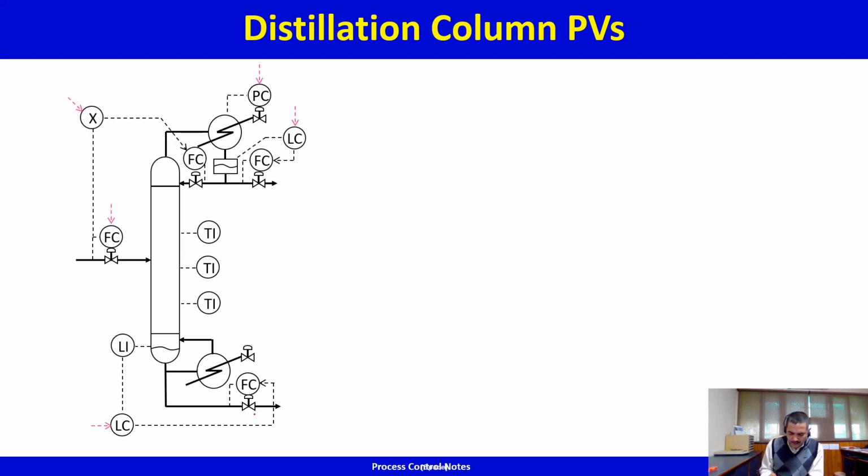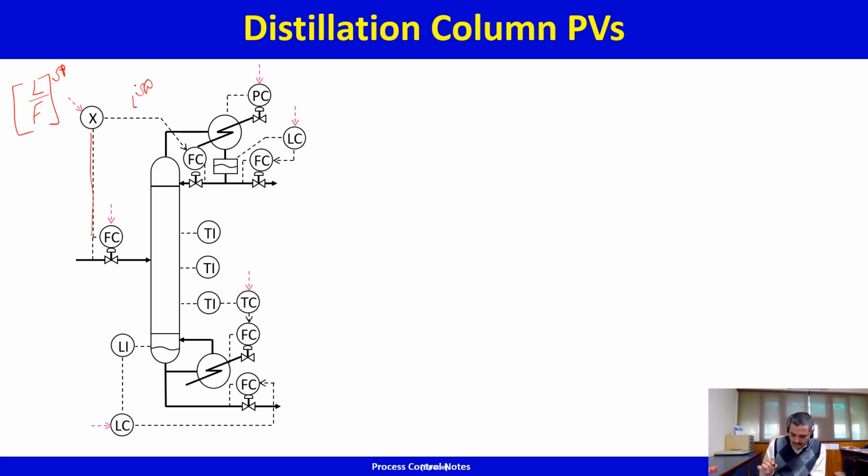You also have a reflux flow controller and the set point of this reflux flow is kept in ratio with the feed to the column inflow. So what you have here is L by F, where L indicates reflux, L by F set point. This is specified by the user. So you have this flow, you multiply this by L by F, and therefore you get the reflux flow rate set point.